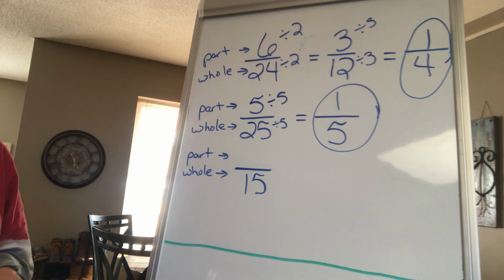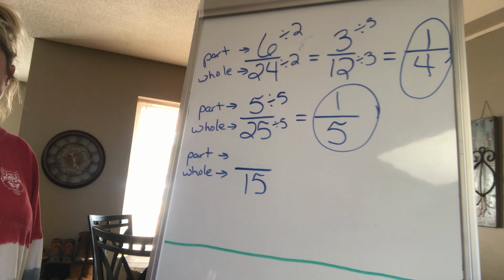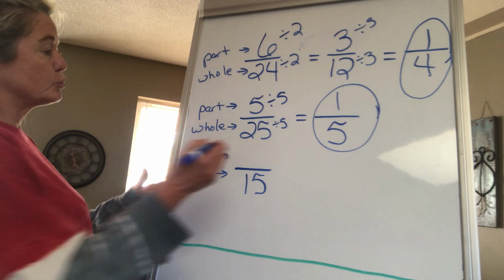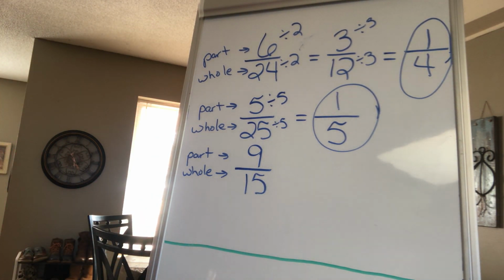So if I look at my problem carefully, it's giving me an extra number. So the number that I can throw out is 6 because it has to do with yellow roses. And my question didn't ask me anything about yellow roses, it just asked me about red roses. So the fraction or the part of the roses that is red is 9. So 9/15 of the roses are red.